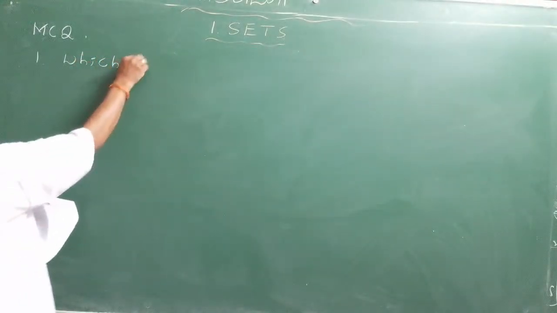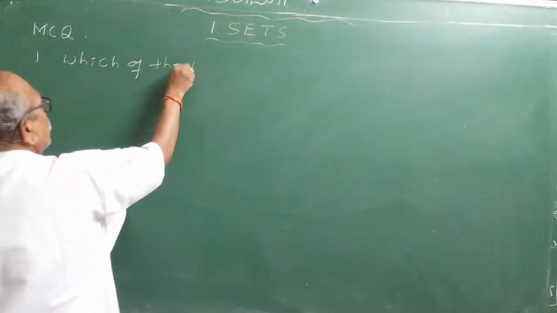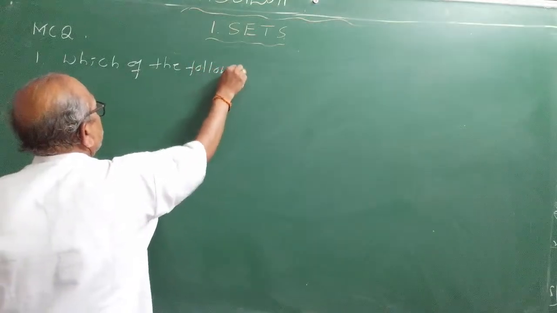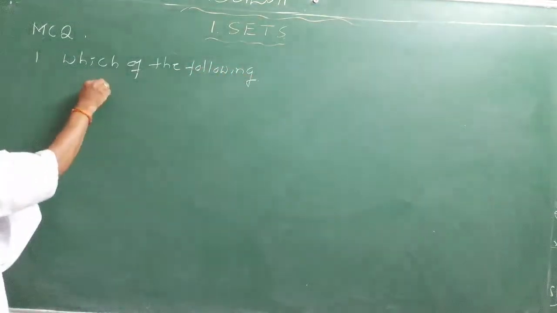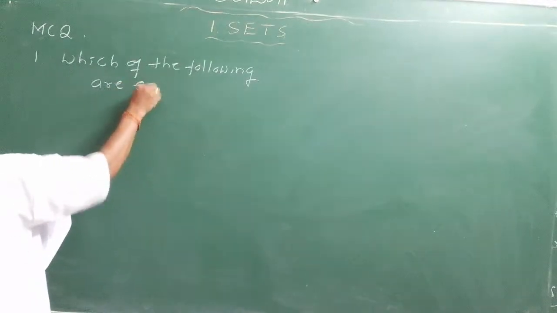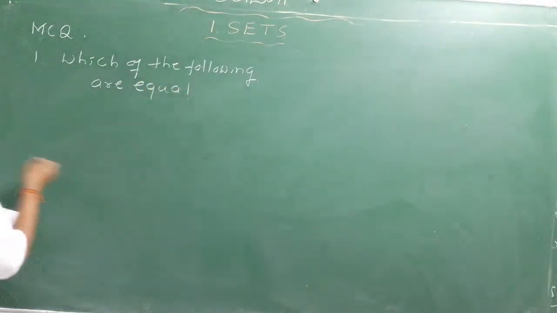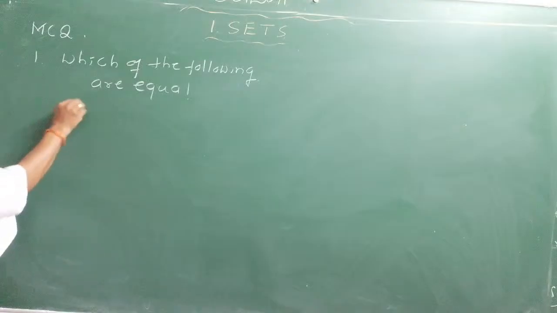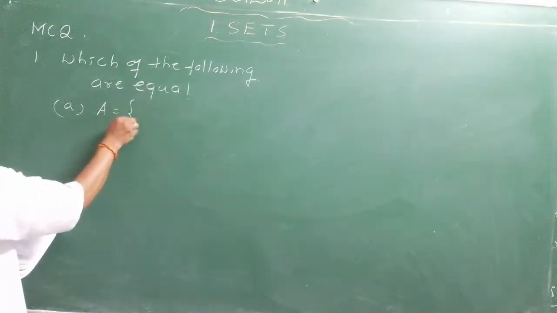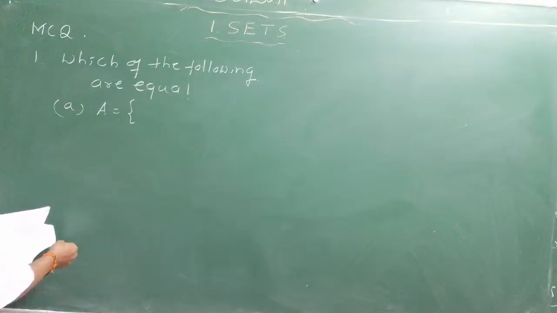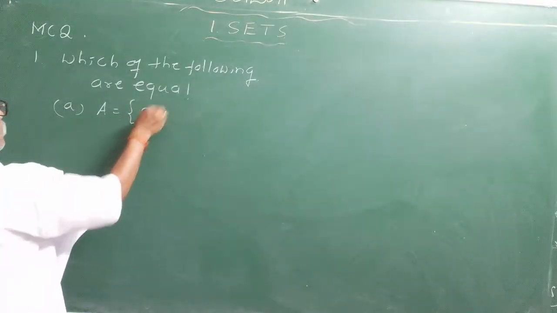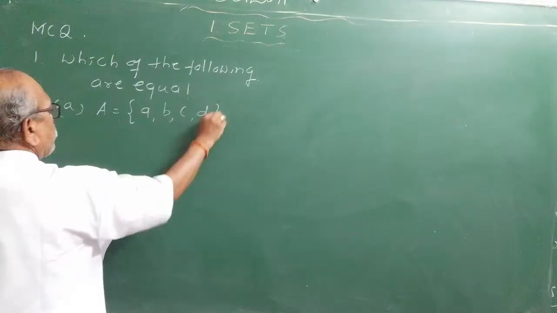Which of the following are equal sets? MCQ, multiple choice questions. Question number 1. I'll give 4 options. You take 1 minute and try to answer. Option A: A is equal to {a, b, c, d}.